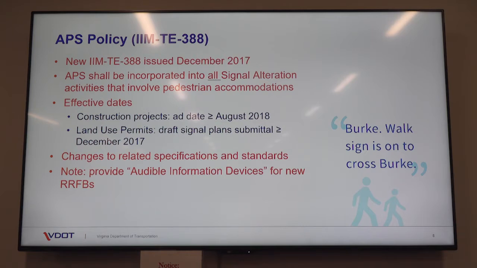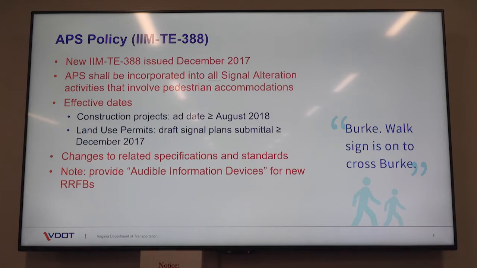The traffic signal, the pedestrian signal, those are all visual cues. You can hear the cars going by you, but that doesn't indicate which way you can cross safely. So APS removes the barrier of signals being all visual by providing information to the visually impaired and the blind.